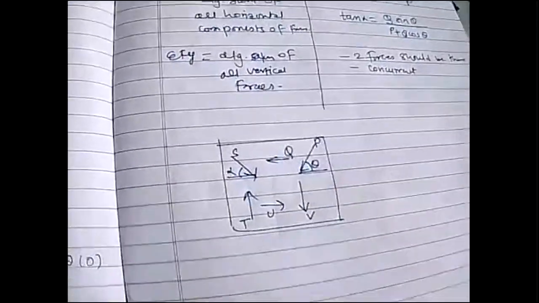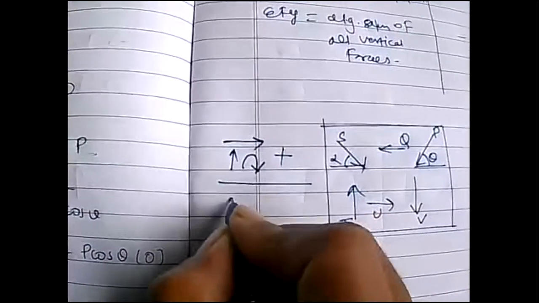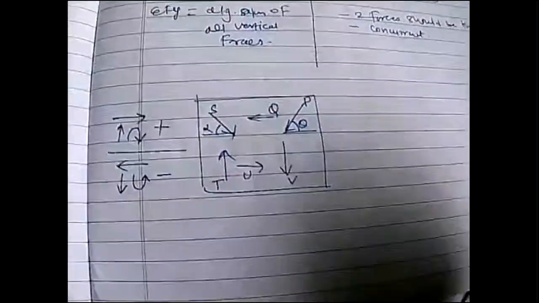Here, few assumptions are to be made, or rather sign conventions. If a force is going rightward, upward, and giving a clockwise moment, all these are assumed positive. If a force is going leftward, downward and giving anticlockwise moment, those are negative.